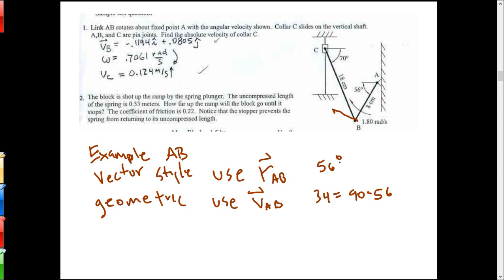Because what you're doing there is using the velocity of B with respect to A. So you'd use 34 degrees, okay? That's a distinction that people sometimes seem to miss. So the angle you use depends on the method you're employing, okay? You all good with that?